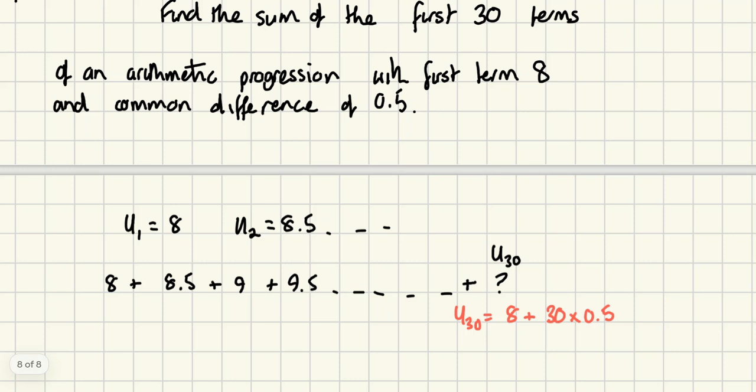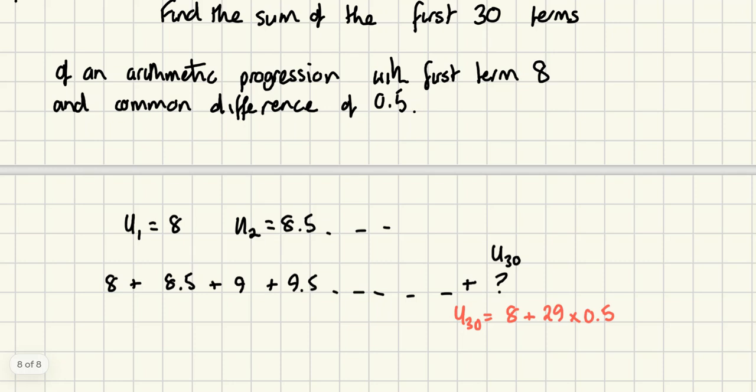Is it 30 times? 29 times, isn't it? Because you didn't add 0.5 to get to the 8 at the first term. So we actually only add 0.5 starting with the second term. So only 29 of the terms have the 0.5. So yeah, we'd add up.